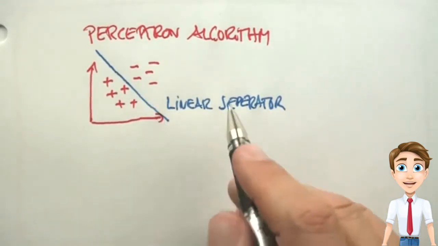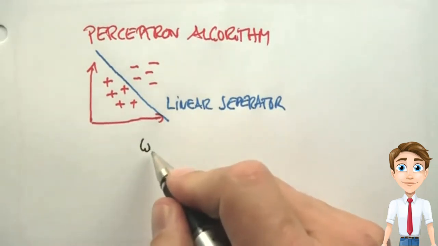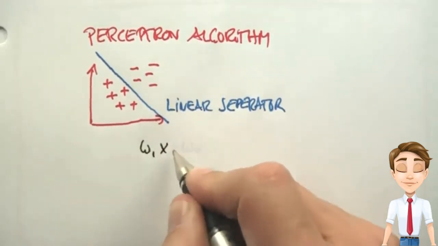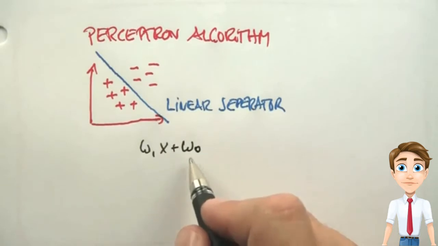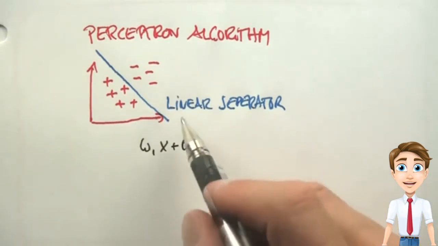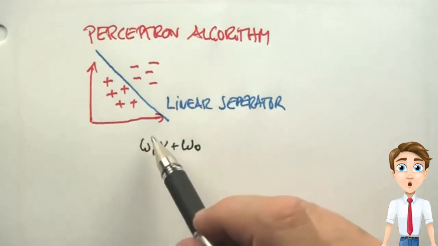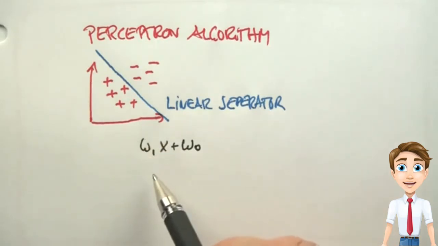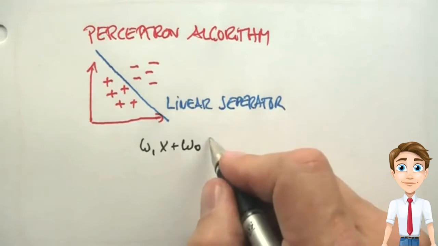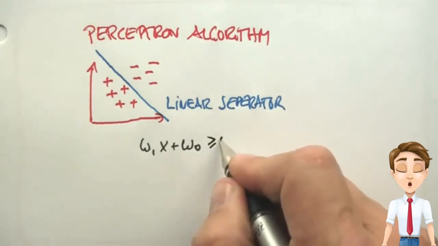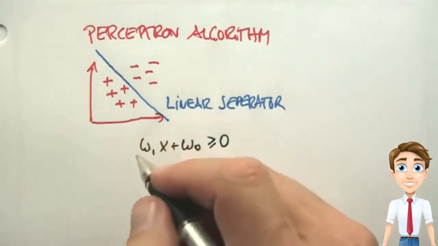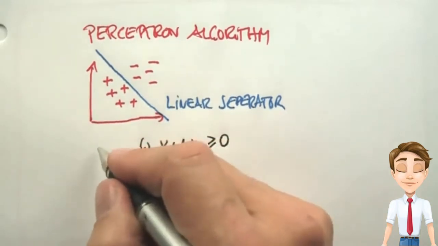To define a linear separator, let's start with our linear equation as before: w1x plus w0. In cases where x is higher dimensional, this might actually be a vector. Never mind. If this is larger or equal to 0, then we call our class label 1.